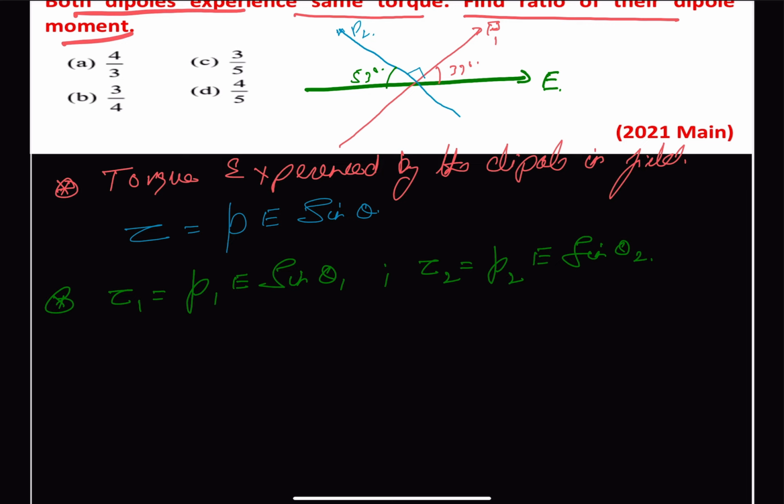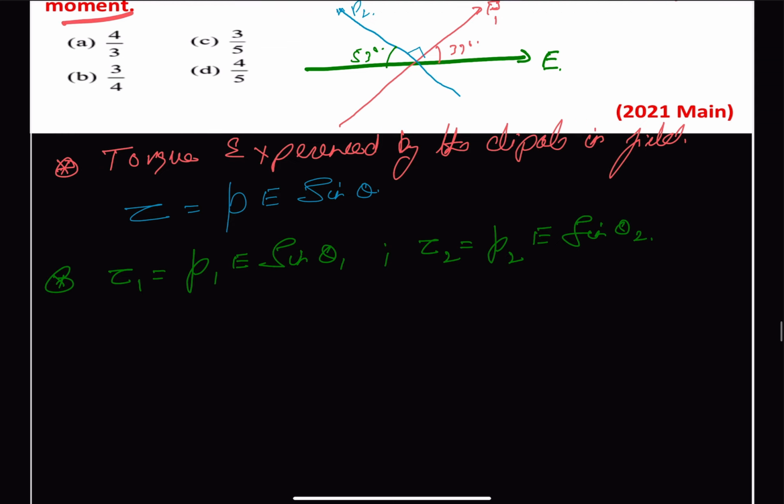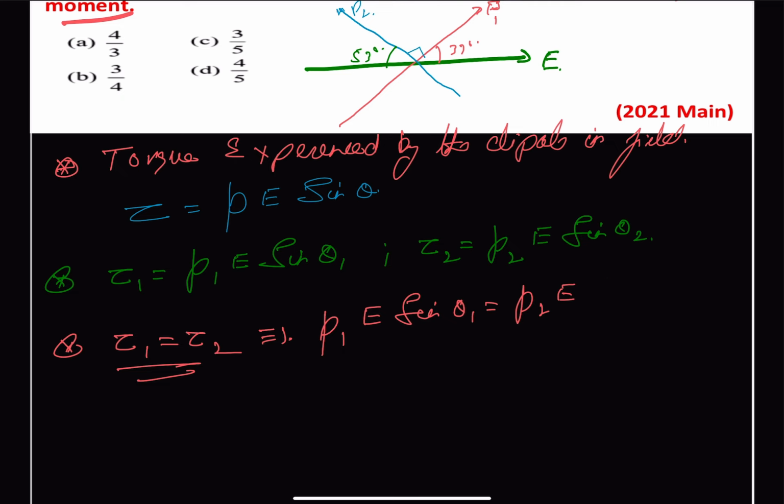Both torques are given the same, so tau 1 is equal to tau 2. Substituting, we get P1 E sine of theta 1 is equal to P2 E sine of theta 2.